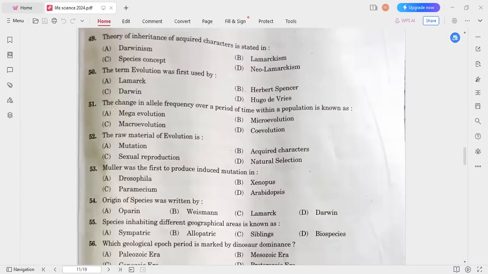Option A mega evolution, option B micro evolution, option C macro evolution, option D co-evolution. The answer for question 51 is option B, micro evolution.